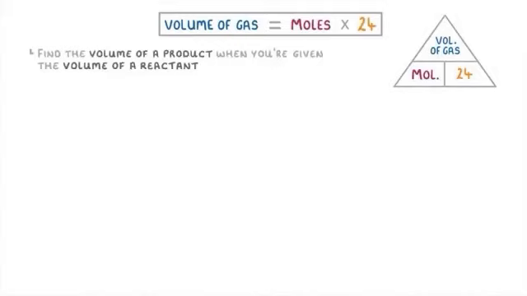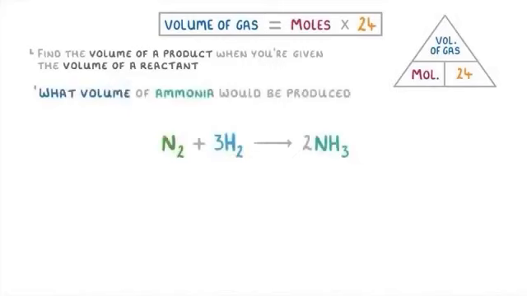So the moles will be the mass over the molar mass, which is 27 over 18, and you get 1.5 moles.